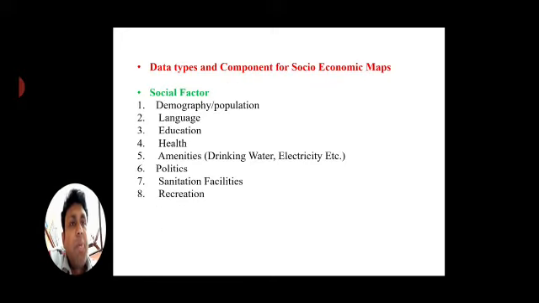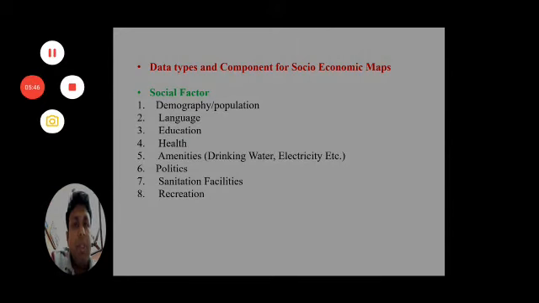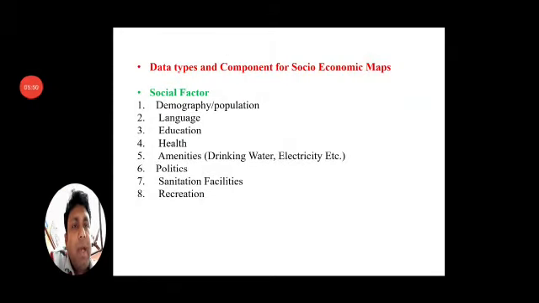Data types and components for socio-economic maps. There are many data types for social and economic factors. The main social factors: demographic or population factors are the basic factors for socio-economic maps.